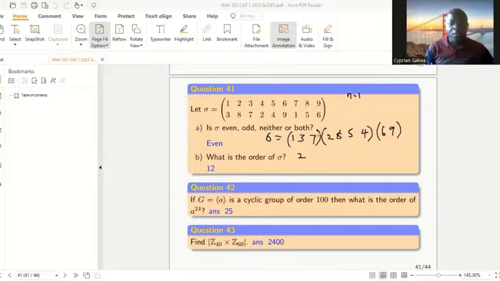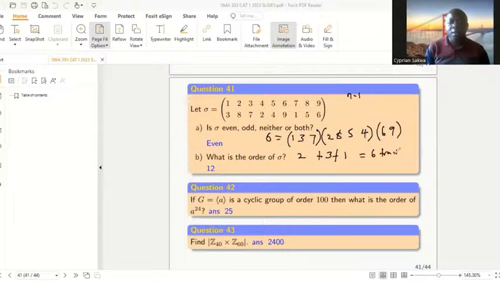The entries here are 1, 2, 3, so 3 minus 1 gives you the number of transpositions. I want to write it as a product of transpositions. How many transpositions do we have here? n is 4, so there will be 3 transpositions, n minus 1. And how many transpositions will be here? Only 1. So 2 plus 3 is 5, plus 1 is 6. So this would be 6 transpositions.